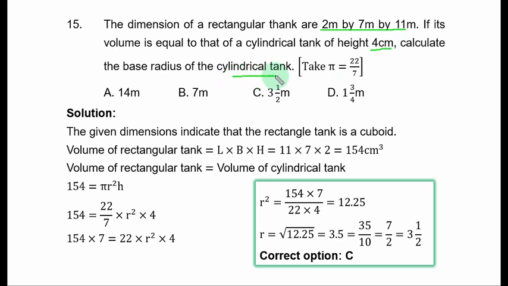Solution. The given dimensions indicate that the rectangular tank is a cuboid. So let's get the volume of a cuboid.